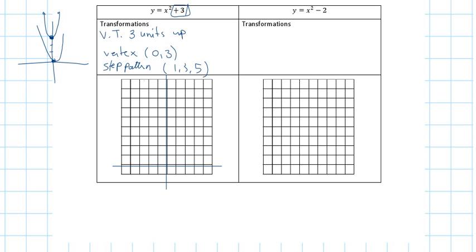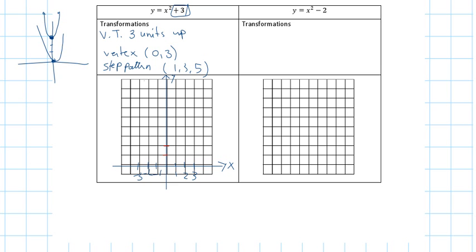So let's locate the vertex. So where would I locate my vertex? 0, 3. So this is my vertex. Yes?